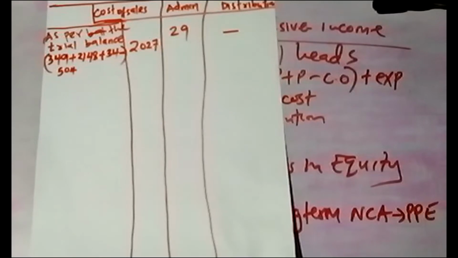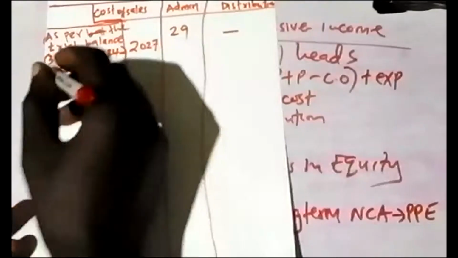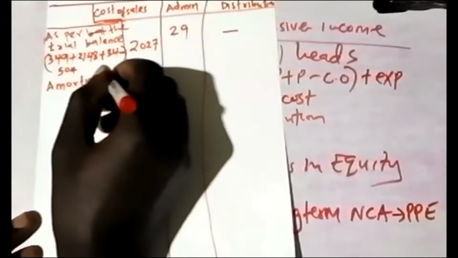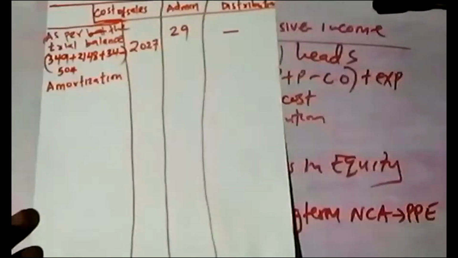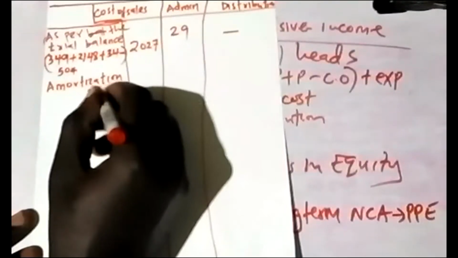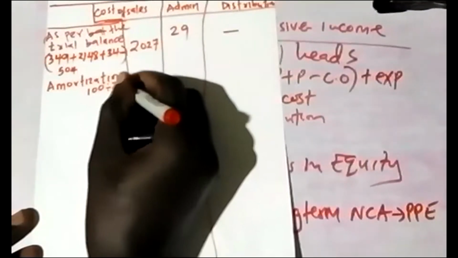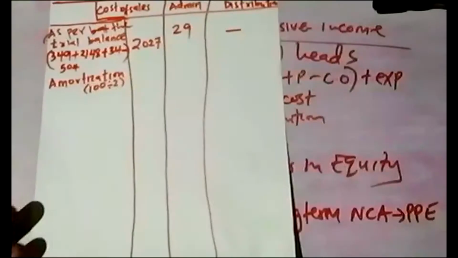Note 2, there was software which was amortized over 2 years. So we talk about amortization, and I said this was 100. I think you showed that you divide by 2.